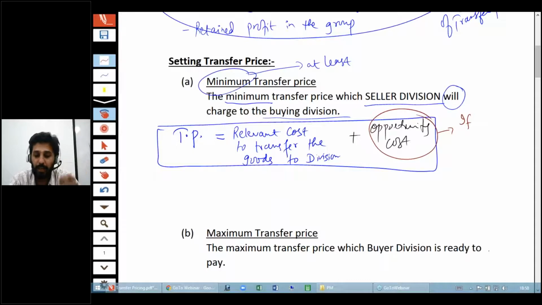So definitely your contribution would be lost. It's a very simple thing. So you need to go for charging this. That's the opportunity cost.